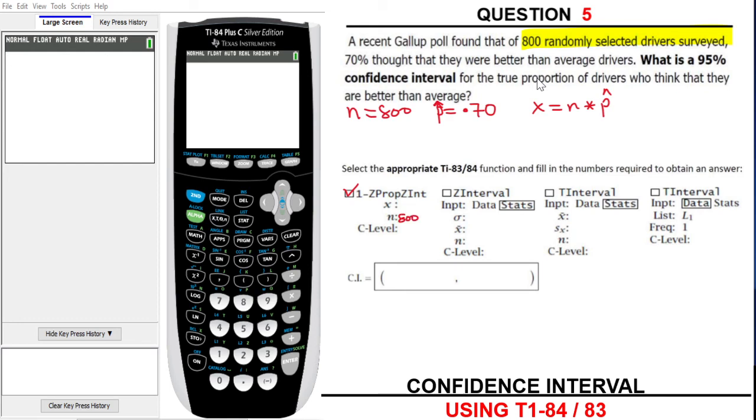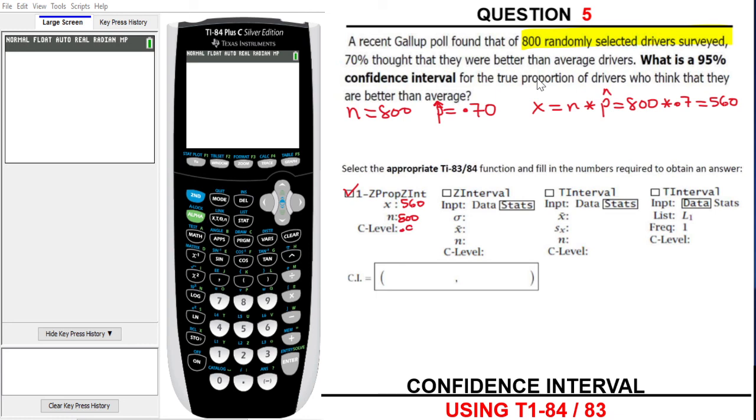The x will be n times p hat, which is 800 multiplied by 0.7. Actually, this is easy to find, so why don't we just go ahead and write it? That'll be 560. Okay, now that we have it, I will just put the 560 here. I think it's easier just to multiply, round it to the nearest whole number, and then you could do it.